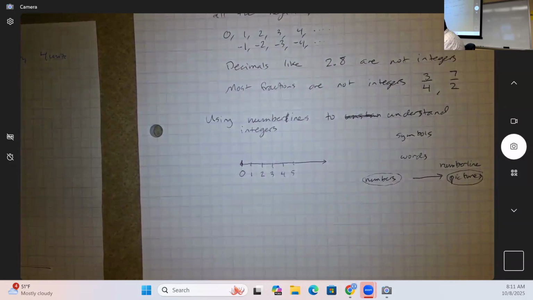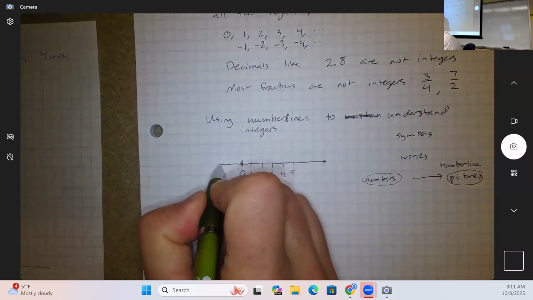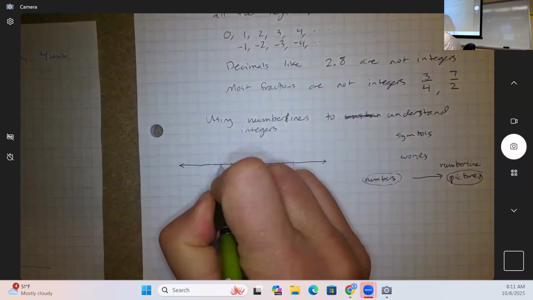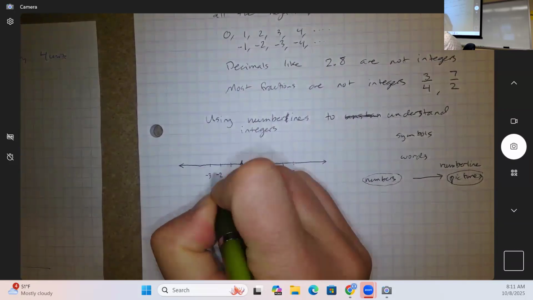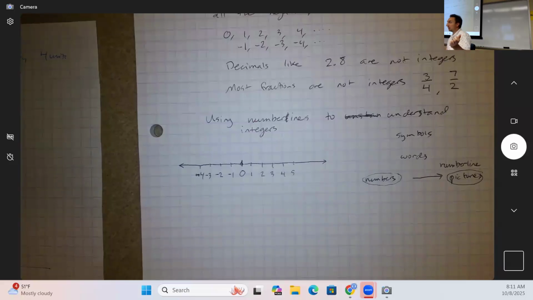And then the negatives of our whole numbers would go the other way. So they would go left. And now we really have the number line because it is a line that never ends at either end.